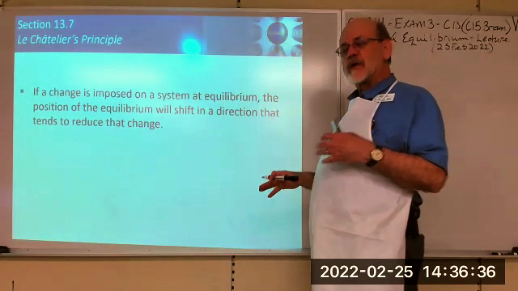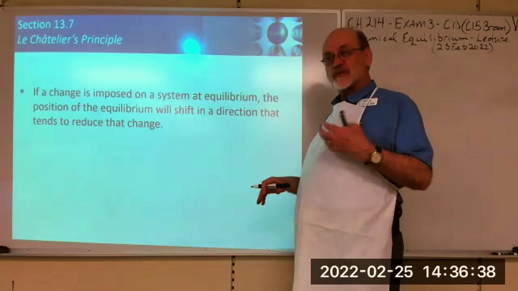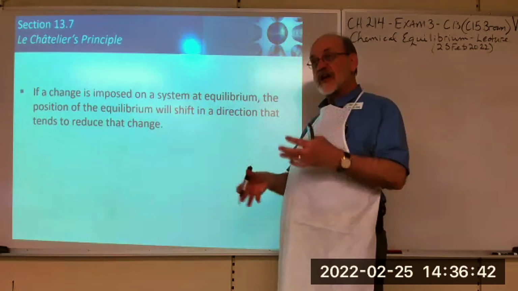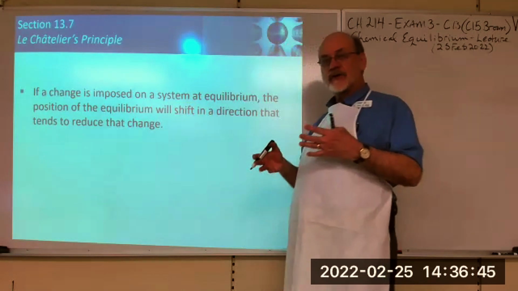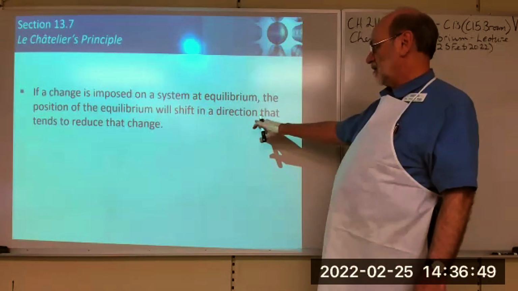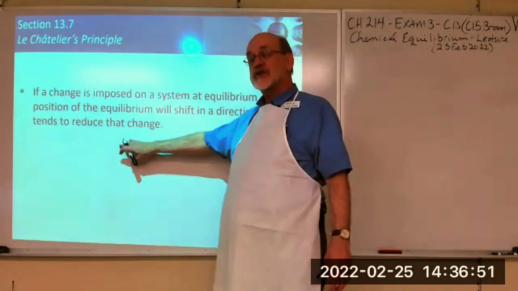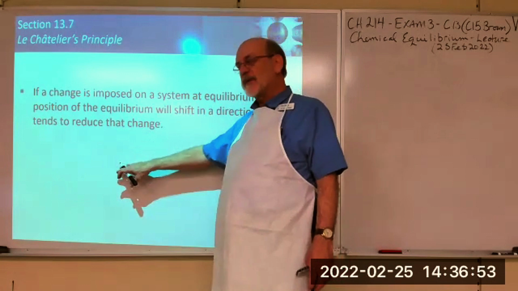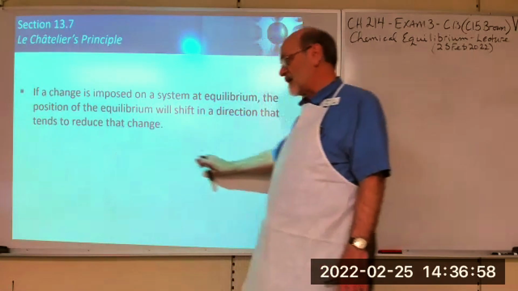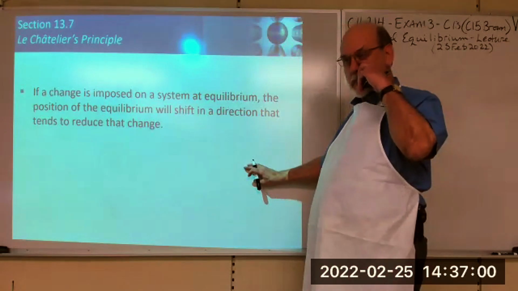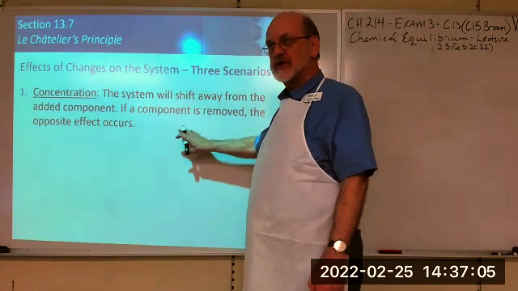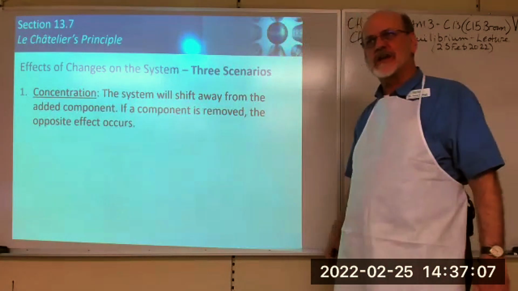We've disturbed an equilibrium situation in one way by adding or subtracting reactants or products, physically changing the concentration after it reaches equilibrium. Then what does it do? Well, it shifts in a direction that will reduce the change. So if we add something on the reactant side, it's going to shift to consume some of that and move to the product side. Okay, that's the concentration shift. That's fairly easy to understand.